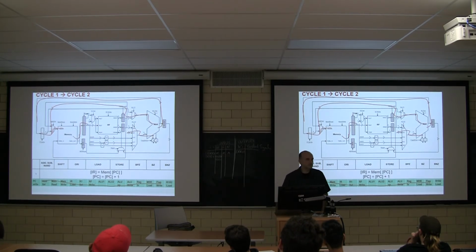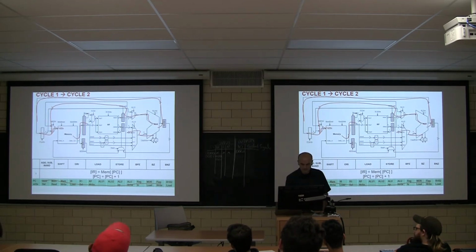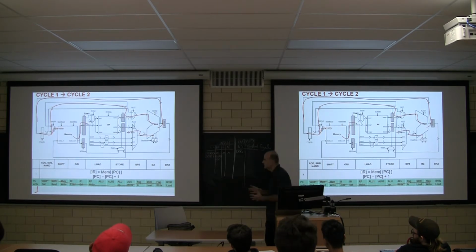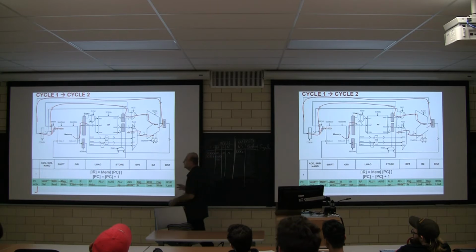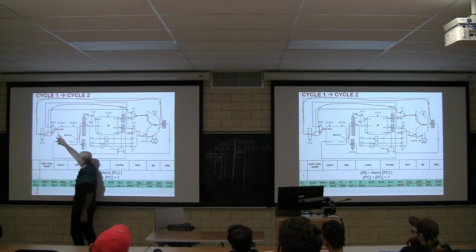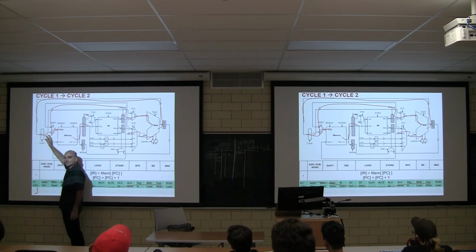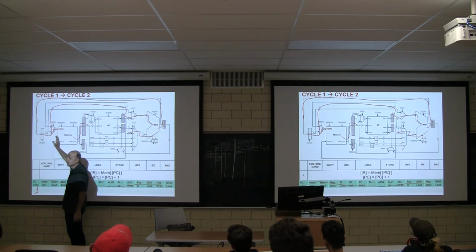What should PC write be? I hope everybody sees that we will update the PC. Okay. What should address select be? Let's look closely at our diagram. Address select is the signal to this multiplexer that says where the address comes from to read or write to memory.